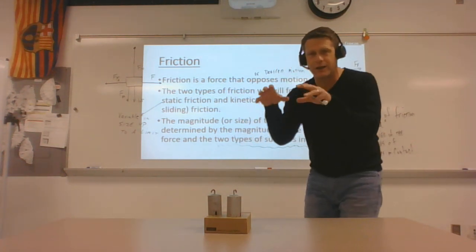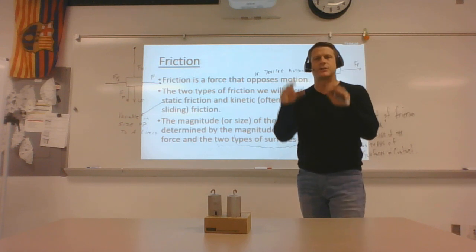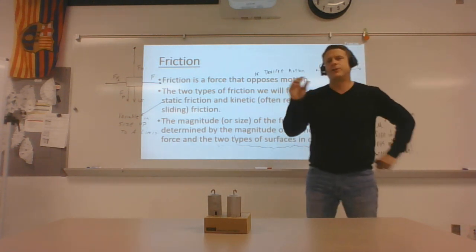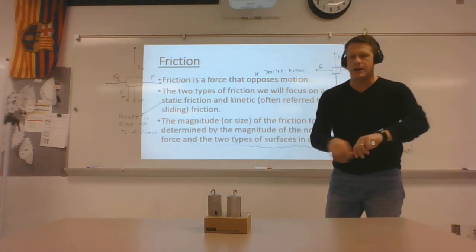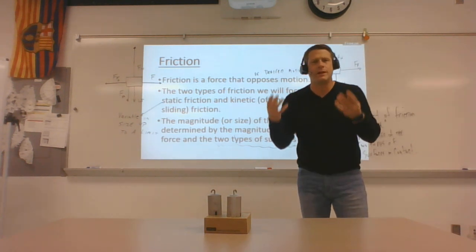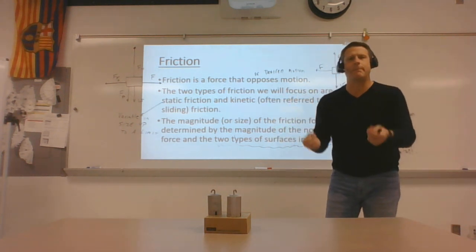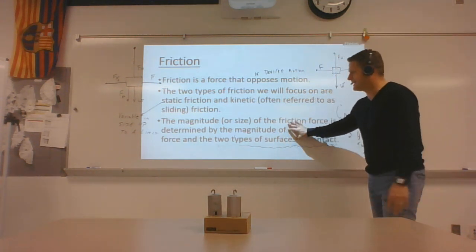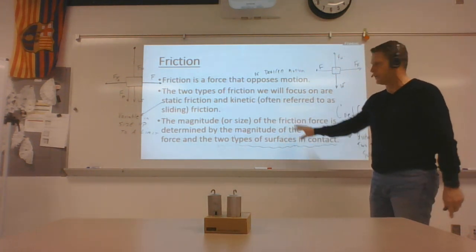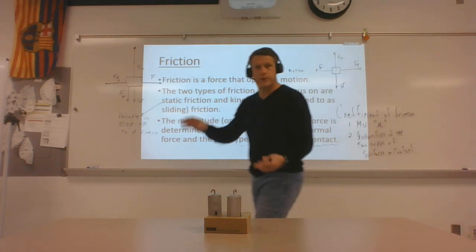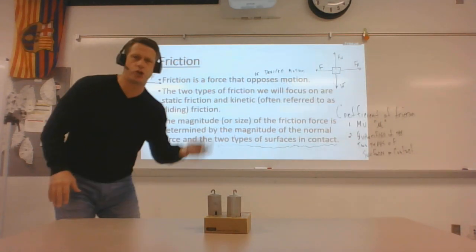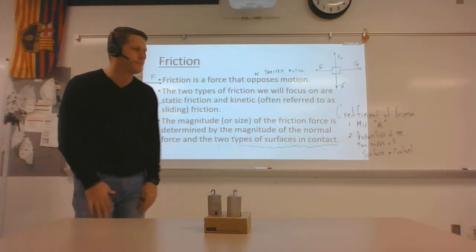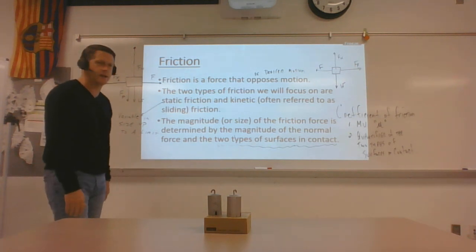Well, I put two things up on top of there that are exerting a downward force. And if those two things on top of there exert a downward force, then the table has no choice but to exert a bigger upwards force. So our two things that determine the size of the friction force are the normal force, how much the table pushes up, or the surface or whatever, and the two types of surfaces in contact.